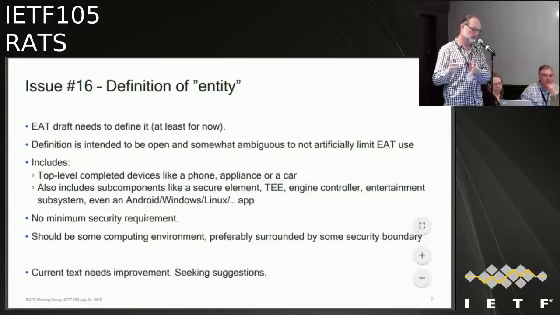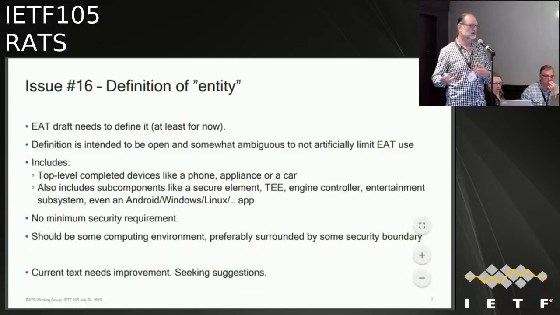Now, profiles, you can go really tight and detailed, and only if it was done, EAL6, Common Criteria, AVL, whatever, you could do that. But in the EAT draft, no minimum security requirement. I've kind of described the entity in some words.